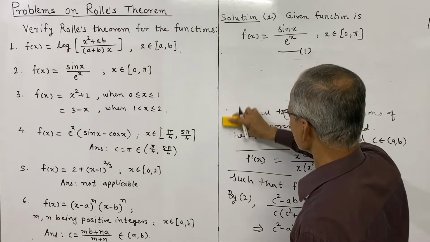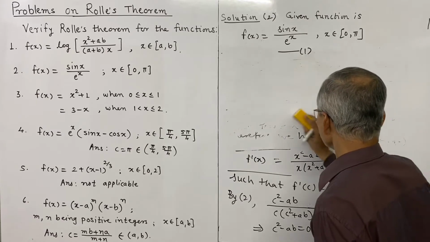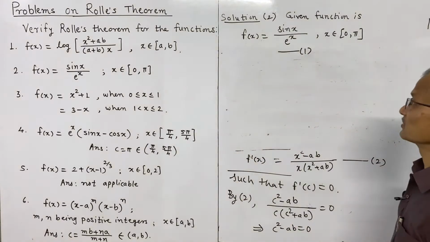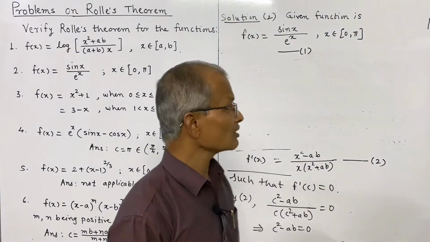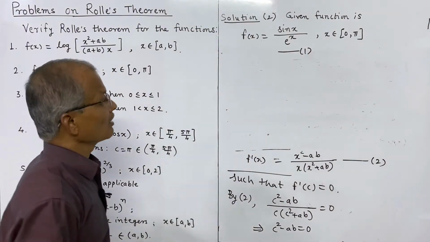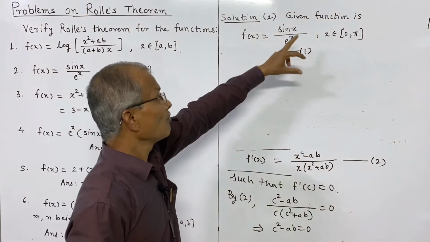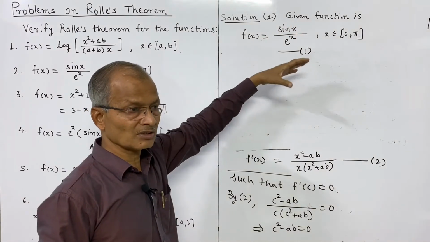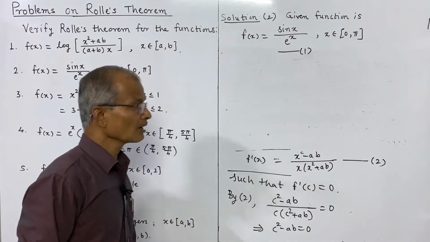Whether the function is continuous in the closed interval, that is the first condition. So see, the function is the quotient of sin x and e power x, and both these functions are continuous. Trigonometric functions sine and cos are continuous everywhere for all real numbers. The exponential function is continuous for all real numbers. Addition, subtraction, multiplication and division of continuous functions is also continuous.